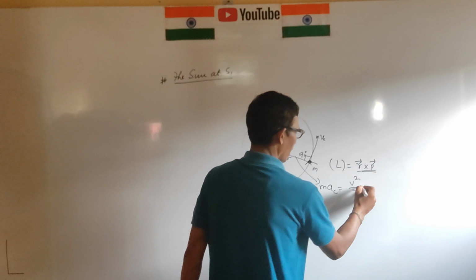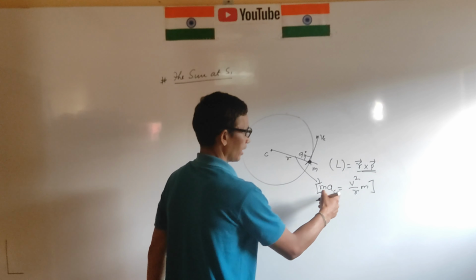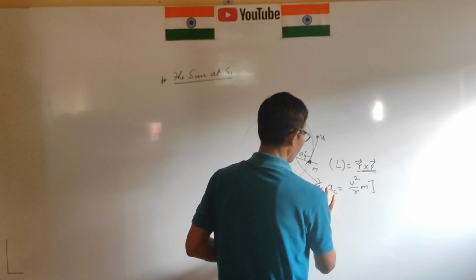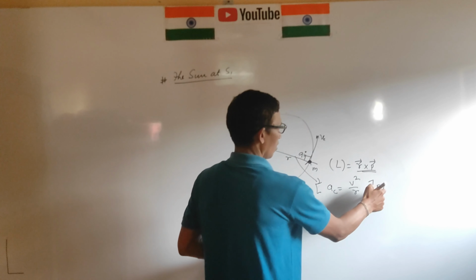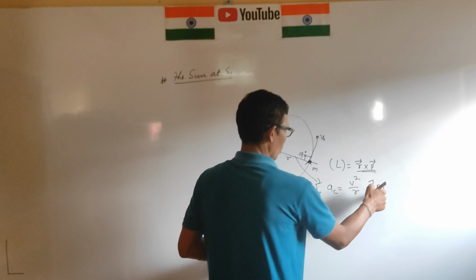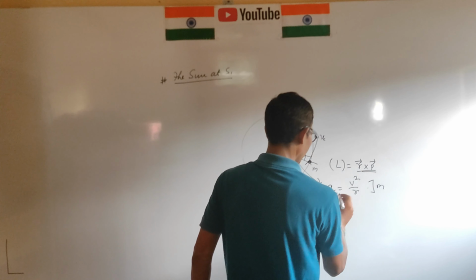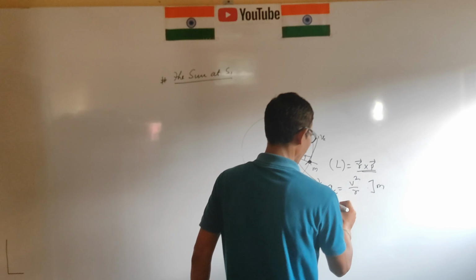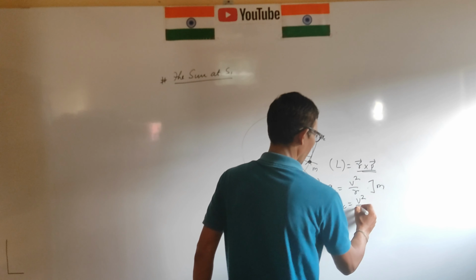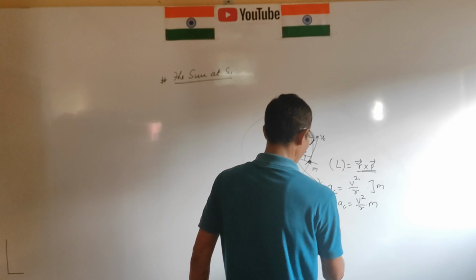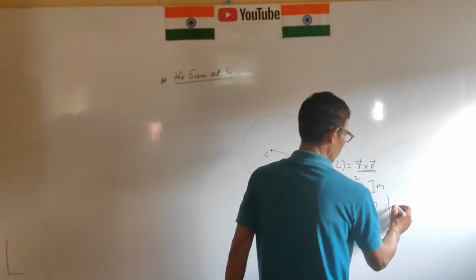Multiply both sides by m, because the body of mass m is moving in a circular path, so we get m v squared by r, and this is called the force.